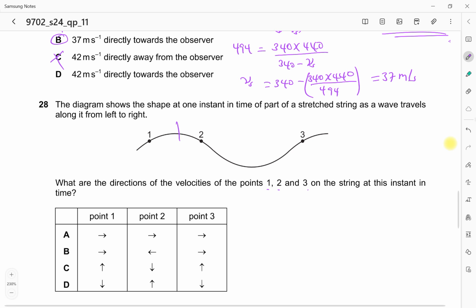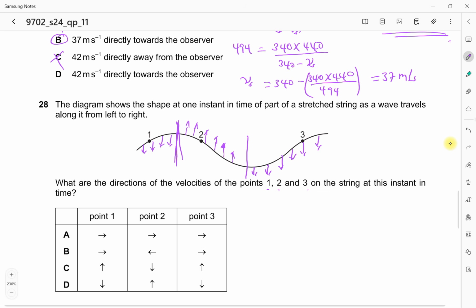Of course, before we reach the peak, the particles on the left-hand side, because the wave is moving from left to right, must be vibrating vertically downwards to create a trough. Then after that, the particles vibrate vertically upwards to form a crest. So the particles here are vibrating upwards. And then here, the particles must now vibrate downwards afterwards.